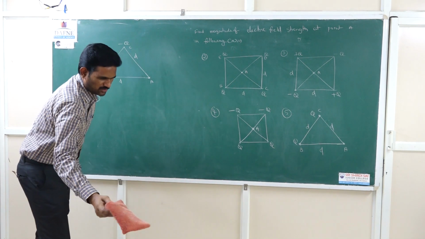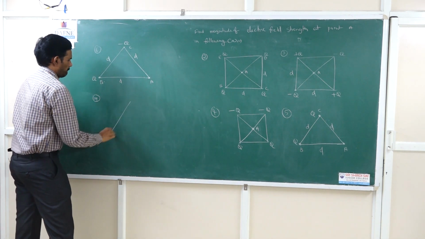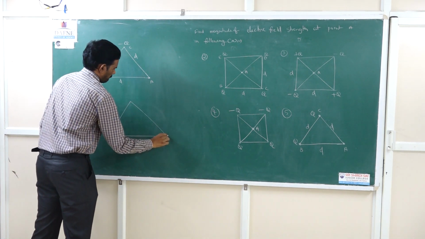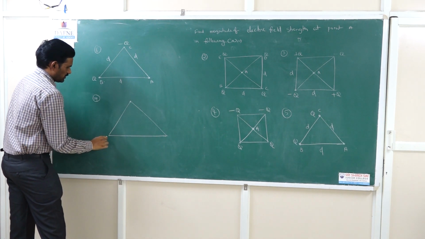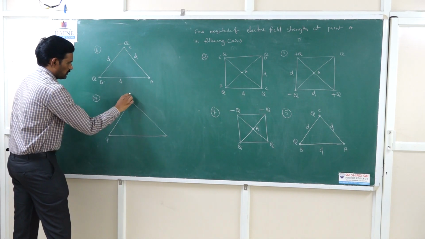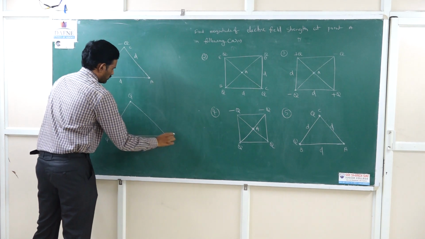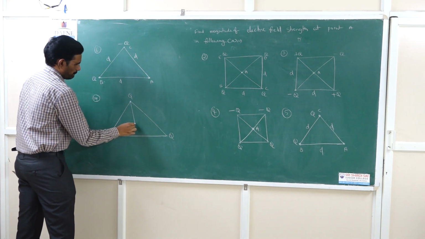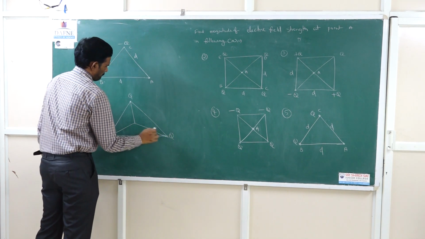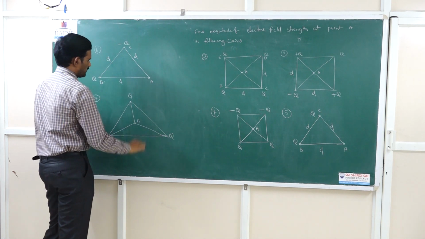Three charges are there. So here the three charges are there, Q, Q and Q. Field at the centroid. So the direction of the field at the centroid.